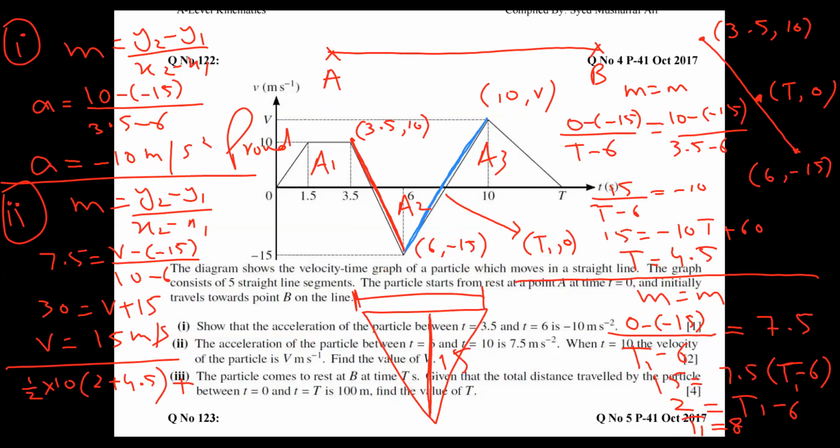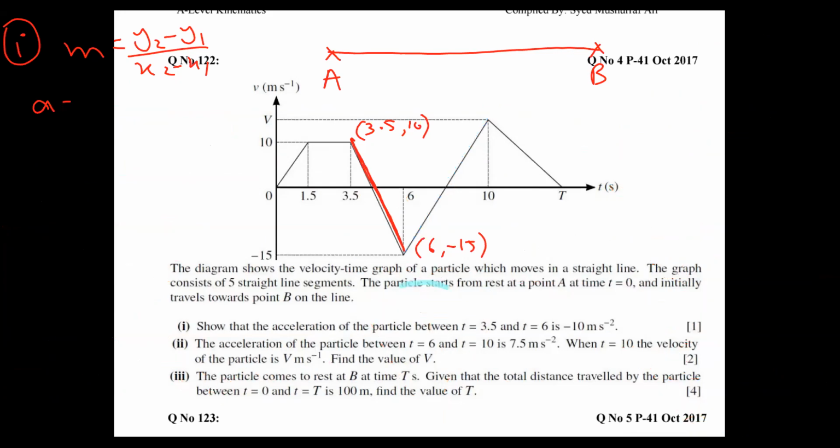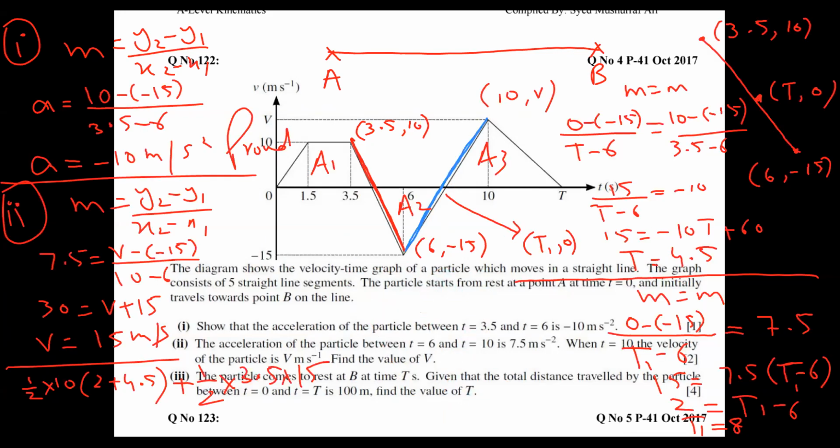So what is the gap between them? 8 minus 4.5, I think you got the point, and I'm getting 3.5. So half into base 3.5 into height 15. I hope this triangle is also covered. Alhamdulillah Rabbil Alameen. And now I'm going for the last triangle shape here.